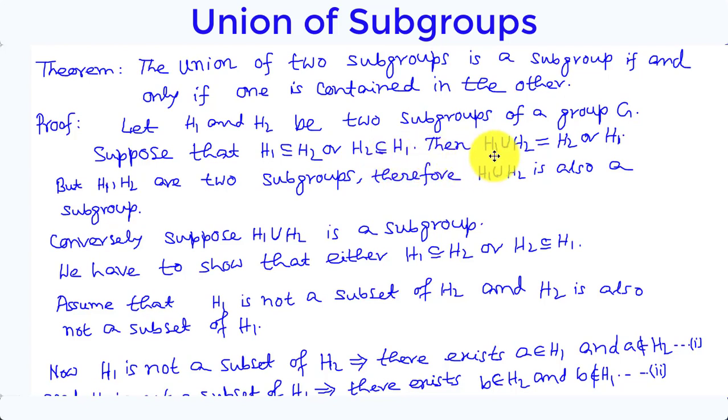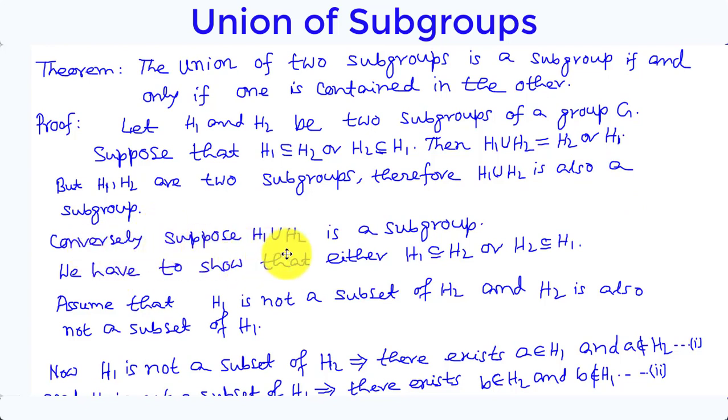Then H1 union H2 is equal to H2 or H1. But H1, H2 are two subgroups of G. Therefore, H1 union H2 is also a subgroup of G.